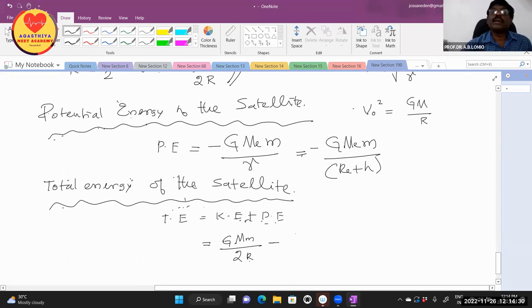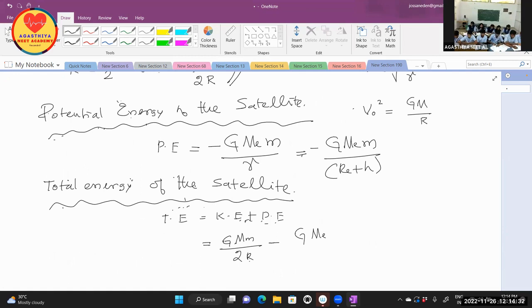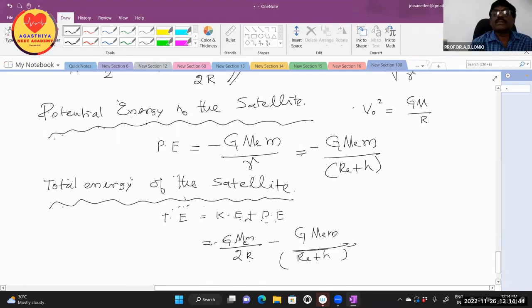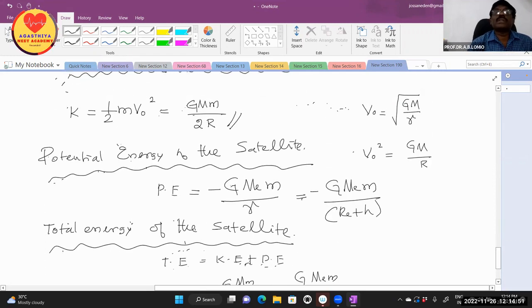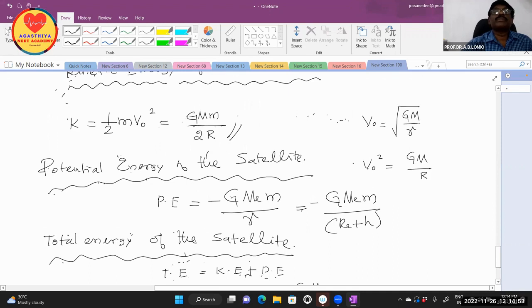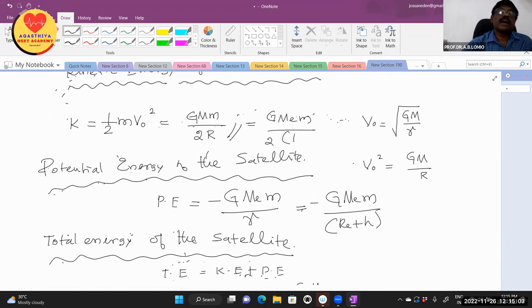Then here also the capital M is suffix ME. RE plus H. Here also we have to put this in terms of kinetic energy. Students, note down this radius here, RE plus H.